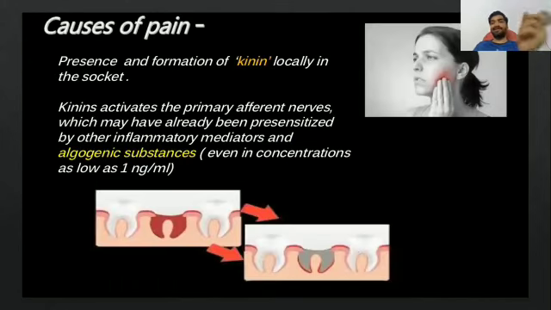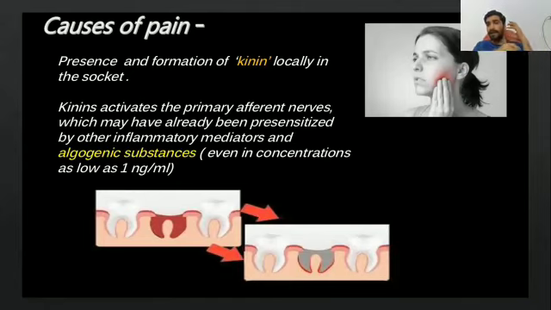Next, moving on to the causes of pain. Here kinins are responsible, and for pathogenesis kinases are responsible. So the presence and formation of kinin locally in the socket may cause pain. What will kinins do? They are going to activate the afferent nerves which may have already been pre-sensitized by other inflammatory mediators.